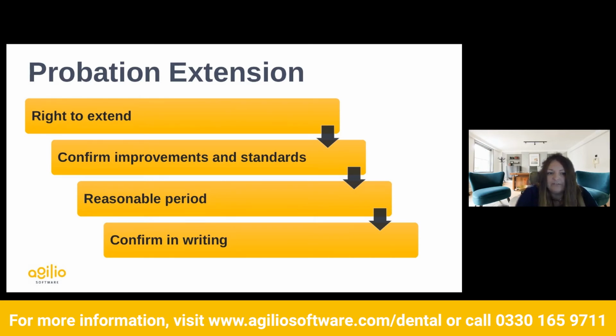You should state the improvements that are required and the standards that are expected in order for the employee to successfully pass their probation period. Terms and conditions still apply during the extension period. I would also recommend you confirm in writing to the employee how long the extension period is for and the requirements in order for them to pass their probation period.